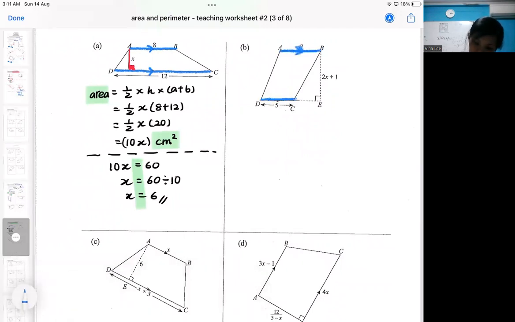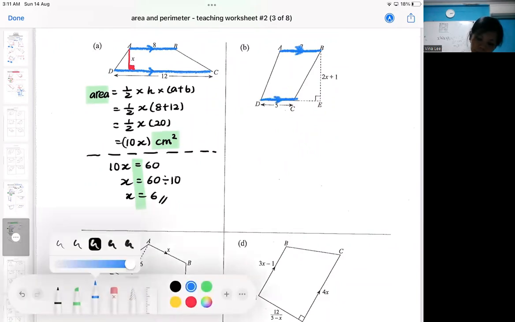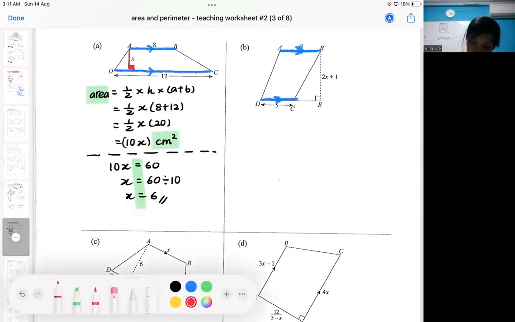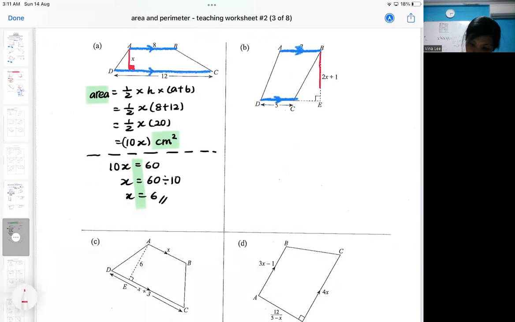So the next one, we also check out the parallel lines first, then we get the height. Let's see. So this will be the height. So remember to bracket up.